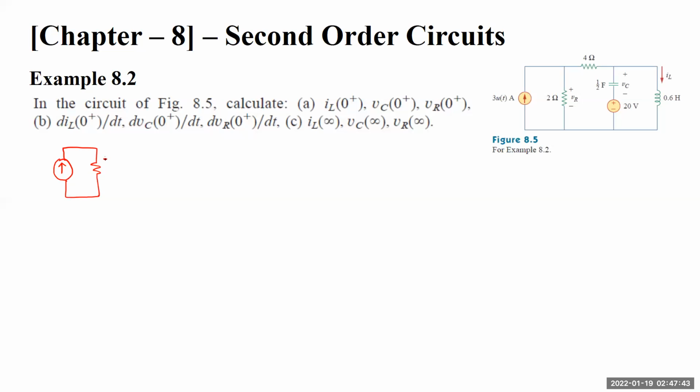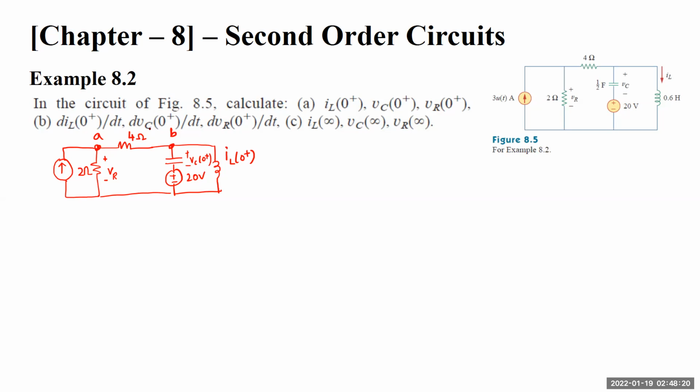This is my resistance of choice where I have to do all the analysis. This is 4 ohms. Again, this is the capacitor, and here is my inductor. So IL 0 positive is flowing here. VC 0 positive is appearing here. This is 20 volts, and we have to basically calculate this voltage.